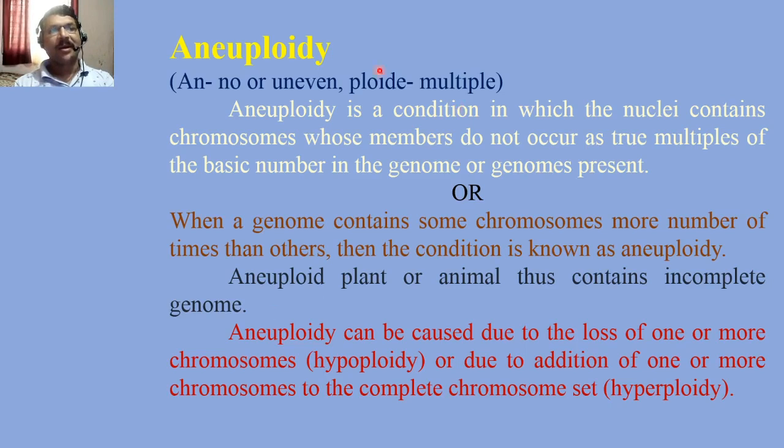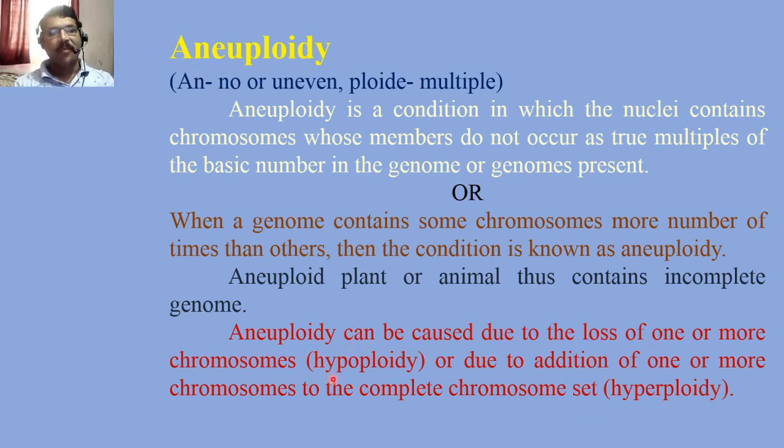But in aneuploidy, one or more chromosomes get added or deleted from the complete chromosome set. So these aneuploids are of two types: first is hypoploidy and second is hyperploidy.